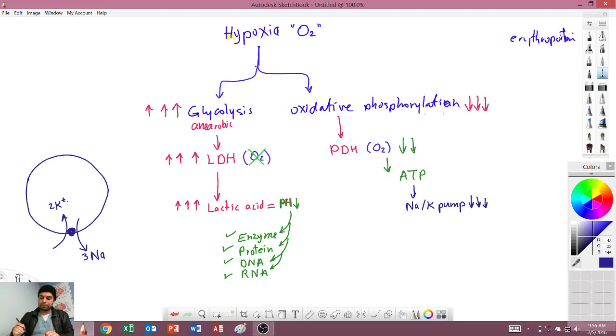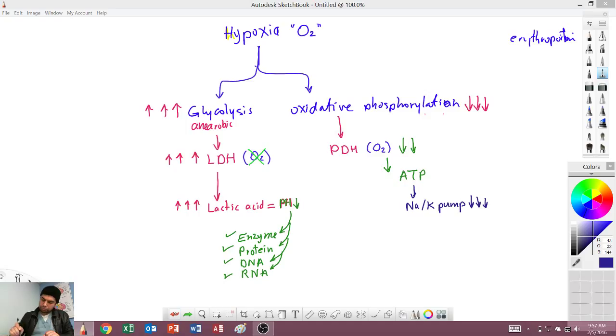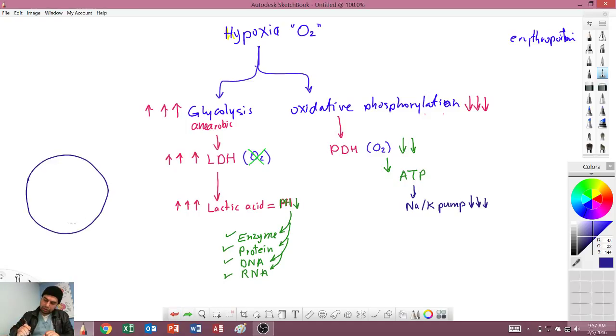Excellent. Now, if this pump doesn't work, what happens to sodium concentration inside the cell? It increases. What happens when there's too much sodium inside the cell? It depolarizes, which means more voltage gated sodium channels will open up, and they stay open because they depend on voltage.